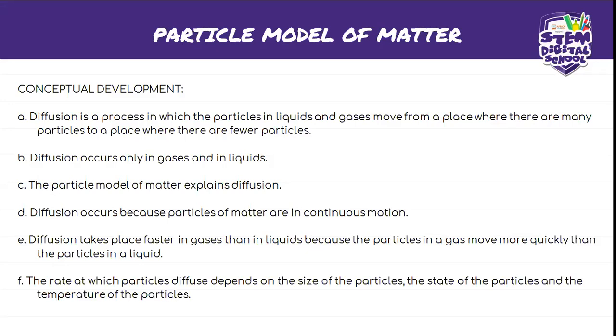So diffusion takes place faster in gases than in liquids because the particles in a gas move quicker than the particles in a liquid. The rate at which particles diffuse depends on the size of the particles, the state of the particles, and the temperature of the particles.